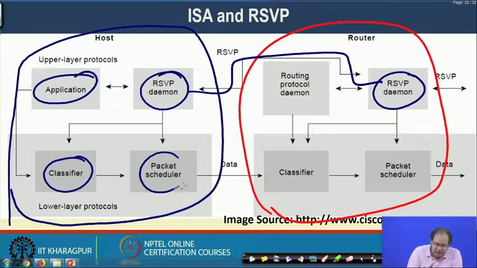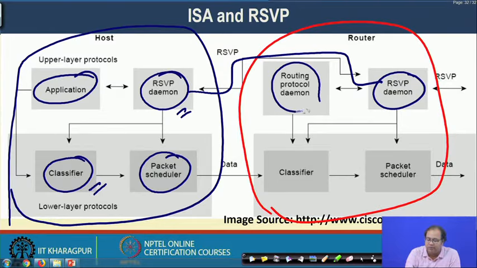Now, you have the packet scheduler that works in cooperation with the classifier and the RSVP daemon, which tells what type of resources have been reserved for you, and accordingly the packet scheduler schedules the packets into multiple queues. Again, a similar thing happens in the routers, where you have the routing protocol daemon running.